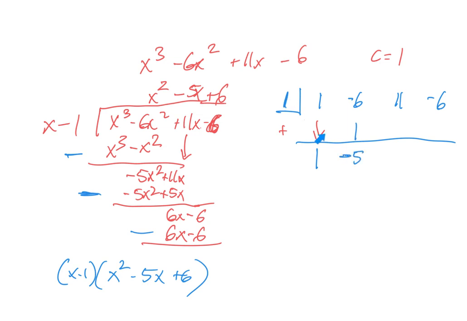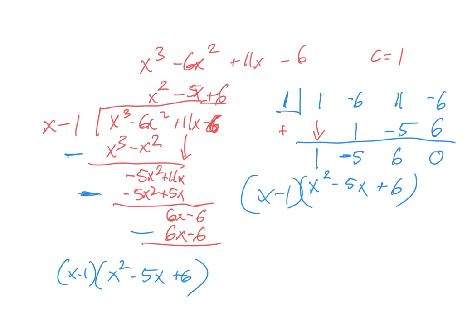And then I go 1 times negative 5 is negative 5. Add. 1 times 6 is 6. Add. So I'm left with x squared minus 5x plus 6, which is the same as what I had on the other one, times x minus 1.